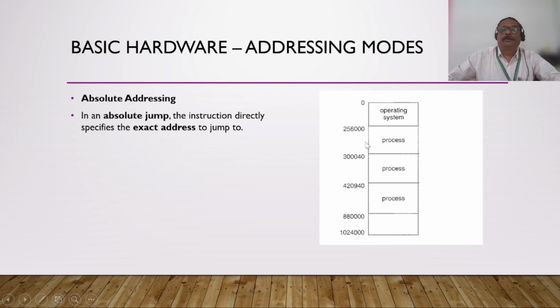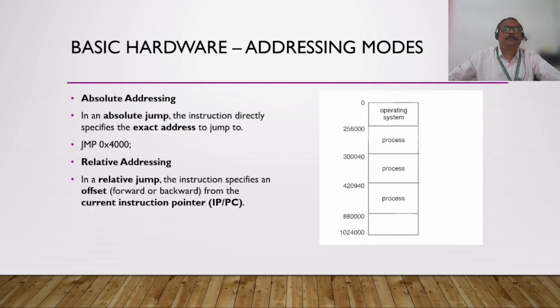If you are talking about a location here, then we just tell that you go to this particular location represented by this type of number. So the exact address is mentioned here to jump, and the example could be jump to this location.